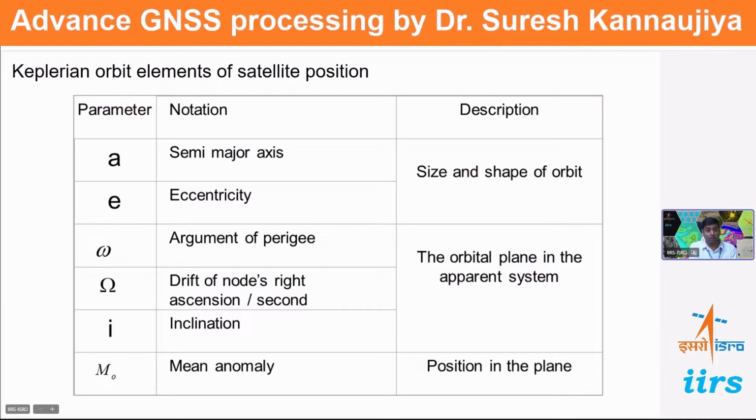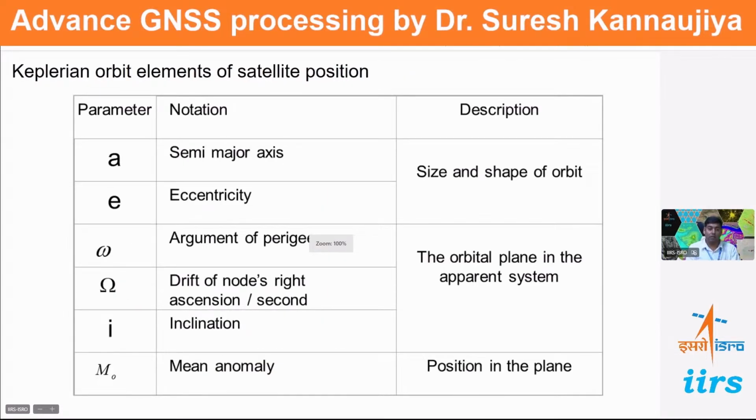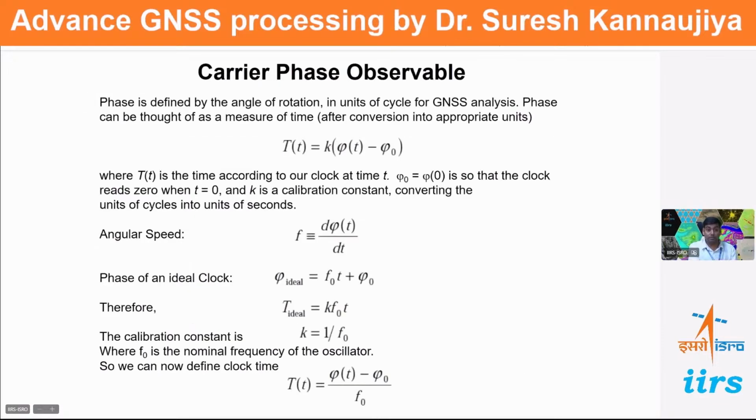With these parameters, we are able to give information about the size and shape of the orbit, the orbital plane in the reference system, and position in the plane, which is very, very important for the error budget estimate.